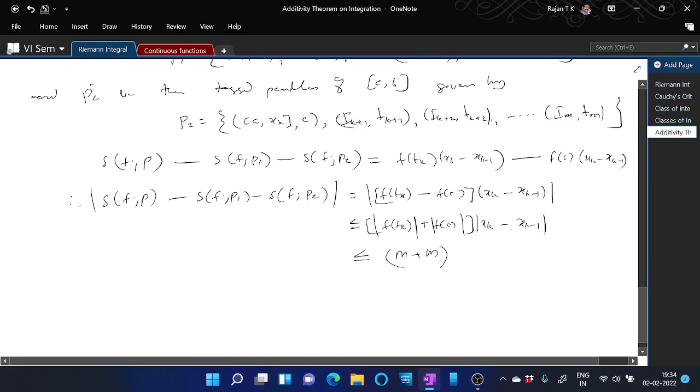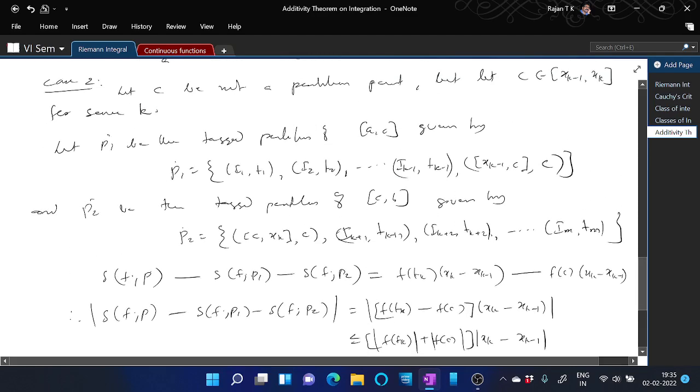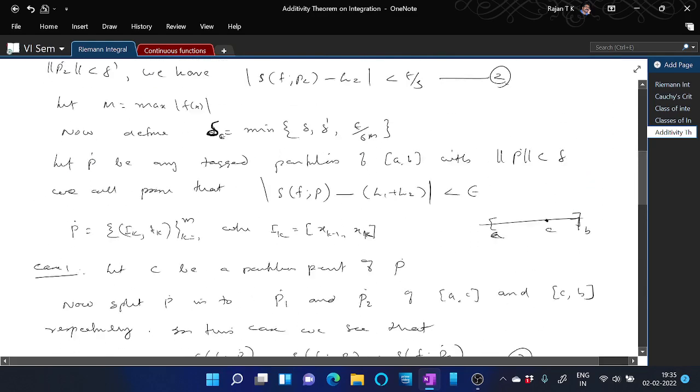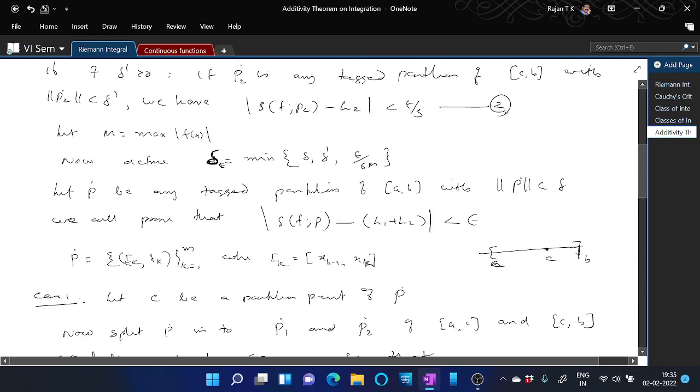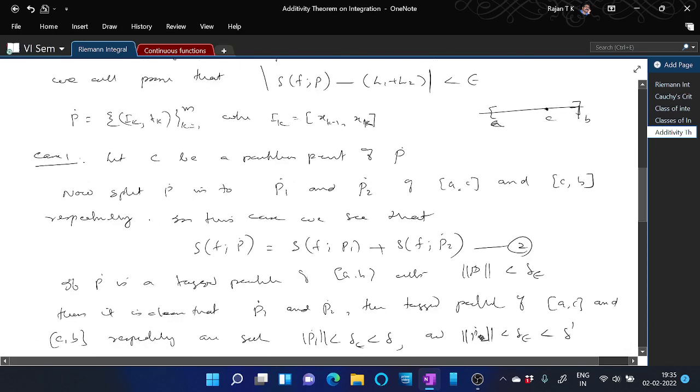And modulus of xk minus 1 is clearly less than delta epsilon, which is equal to 2M into delta epsilon, and this is clearly less than epsilon by 3, since we have taken delta epsilon as minimum of delta dash and epsilon by 6M.